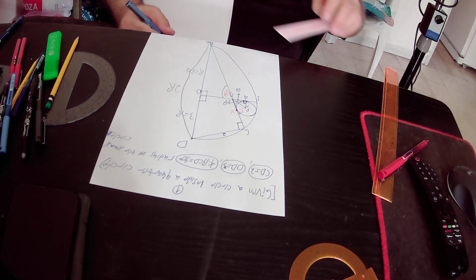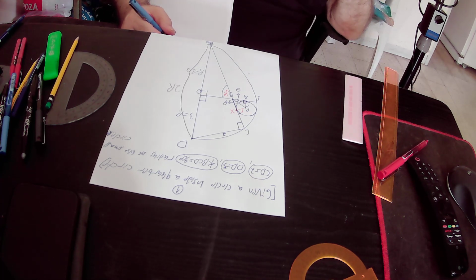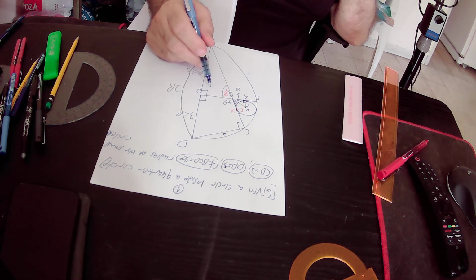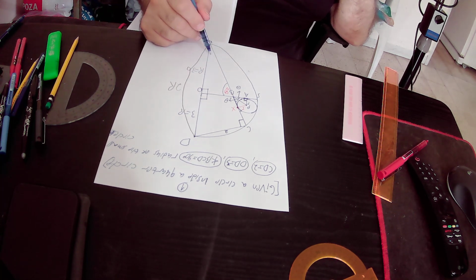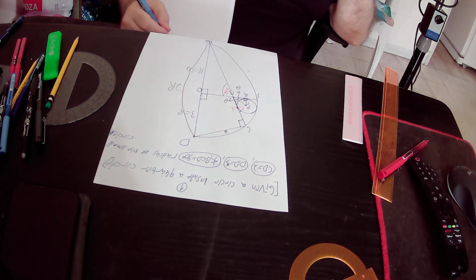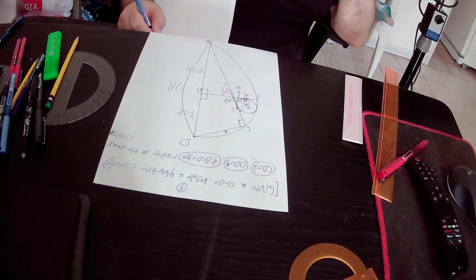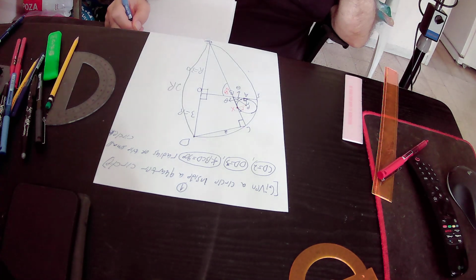We know that the sum of the angles in any triangle equals 180 degrees, and especially the sum of the angles in triangle EOB must be equal to 180 degrees. So 90 degrees plus 2 theta plus the size of this angle must be equal to 180 degrees. So we'll write it down: 90 degrees plus 2 theta plus angle OEB must be equal to 180 degrees.